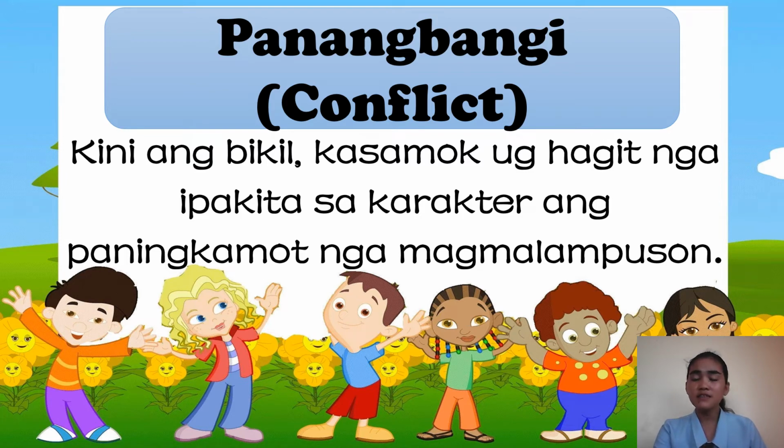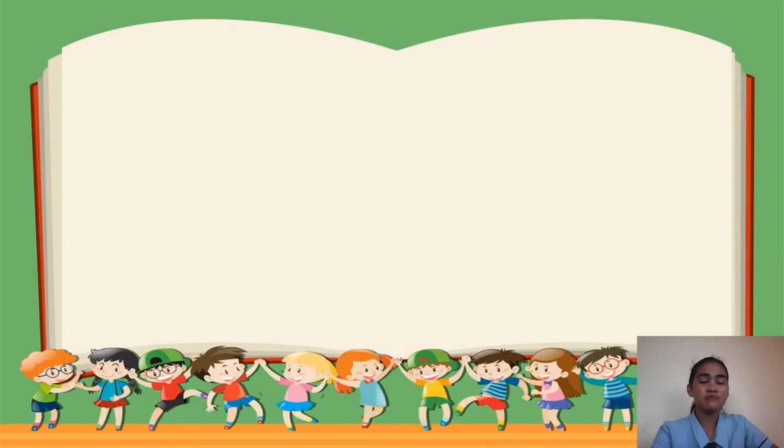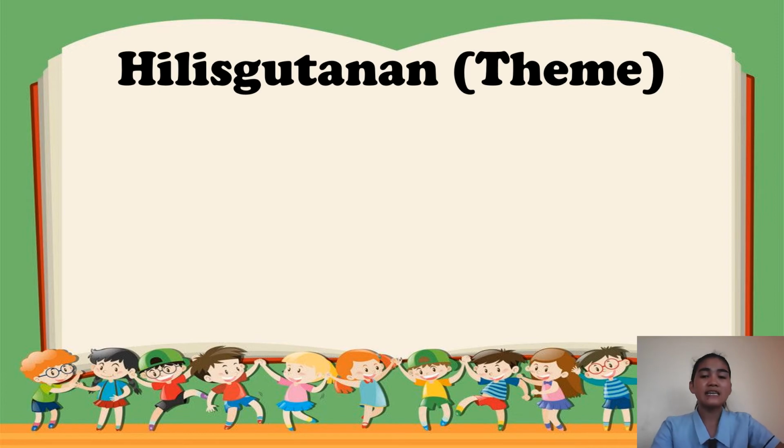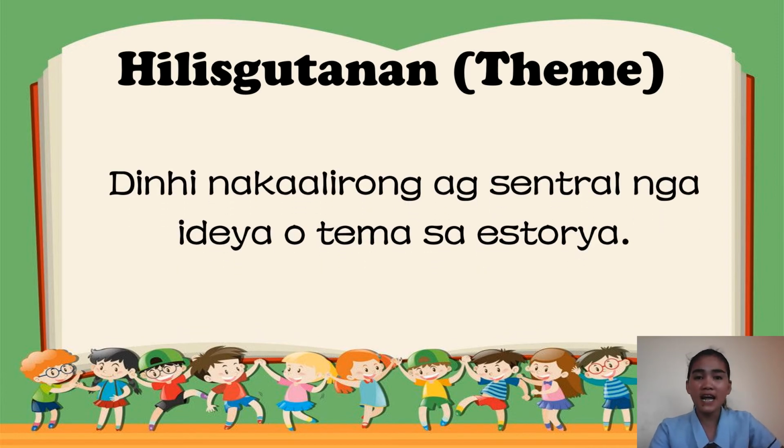And the last element, unsa man? What is the last element of a story? Very good. The last element of the story is hilisgutanan or theme. Dinhi makaplirong ang sentral nga ideya o tema sa istorya. So the theme is the message or the lesson of a story.